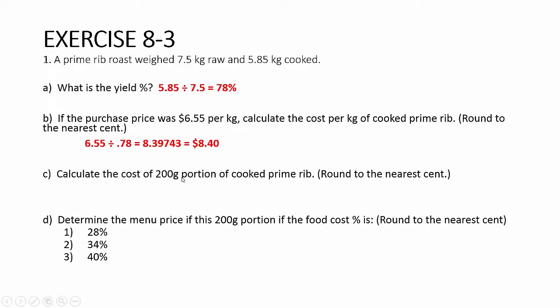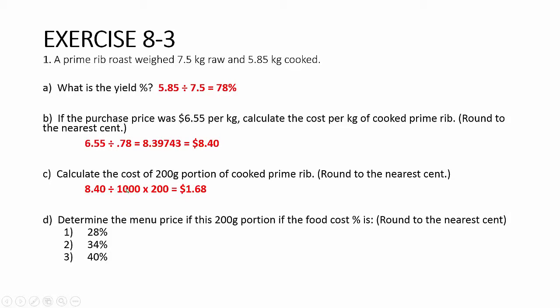We need to calculate the cost of a 200-gram portion of our cooked prime rib, simply because we're probably selling our prime rib in 200-gram portions. So now we're unit costing. So we're going to take our EP unit price, $8.40.